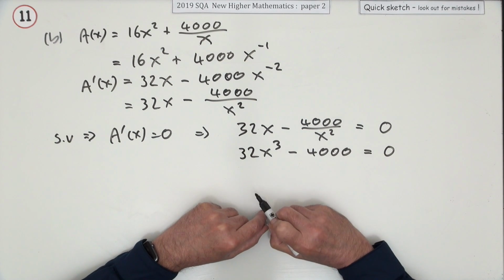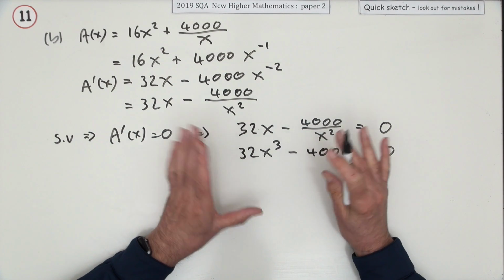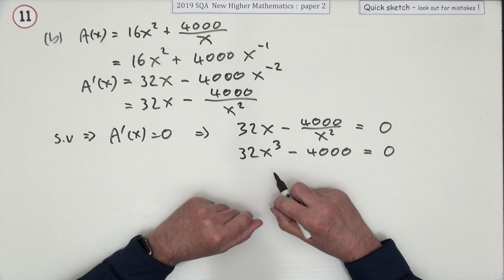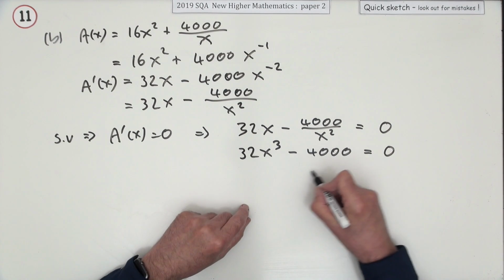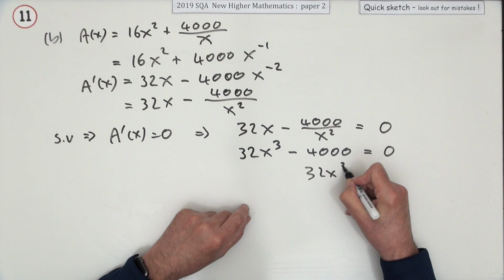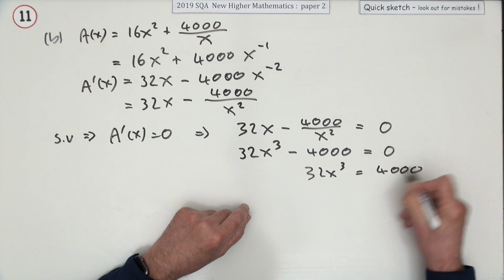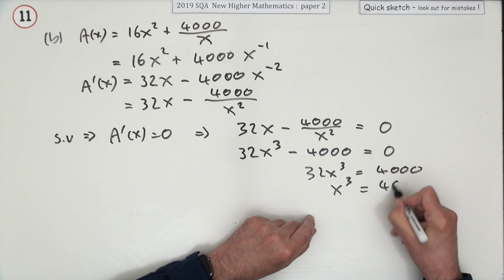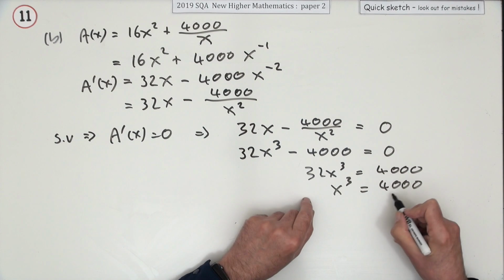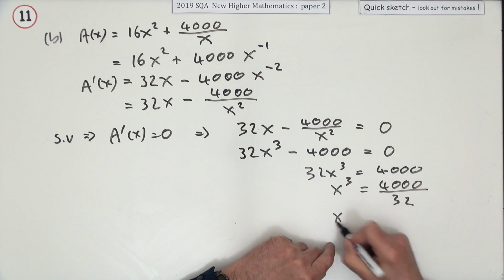And it's perfectly fine multiplying by x squared, because x can't be a 0 anyway, or there wouldn't be a box in the first place. Then 32x cubed will be 4000, so x cubed will be, it's just a case of solve it, get rid of all the bits and pieces, over 32.